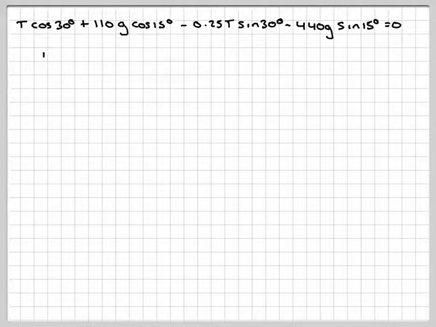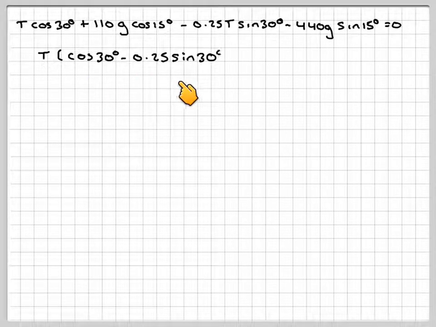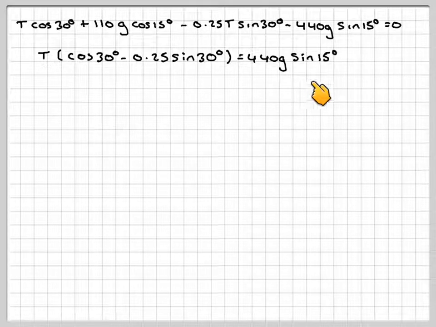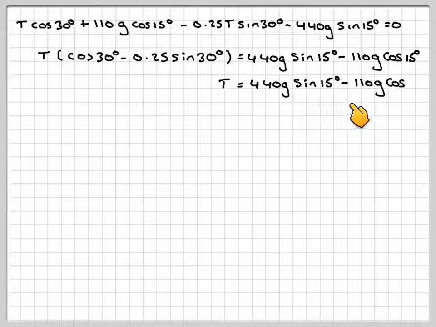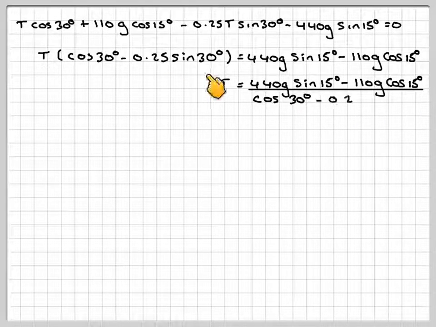So we take the T out, we're going to have cos 30 minus 0.25 sine 30. And then taking this over to the other side, we're going to have 440 g sine 15 minus 110 g cos 15. Making T the subject, T is equal to 440 g sine 15 minus 110 g cos 15 divided by all of this, which is cos 30 minus 0.25 sine of 30 degrees.